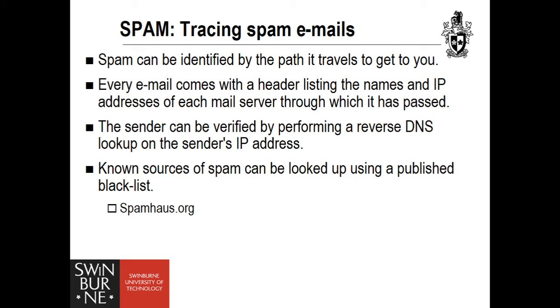Spam can be identified by the path it travels to get to you. Every email comes with a header listing the names and IP address of each mail server through which it passes. The sender can be verified by performing a reverse DNS lookup on the sender IP address.